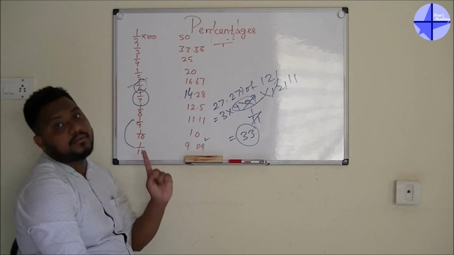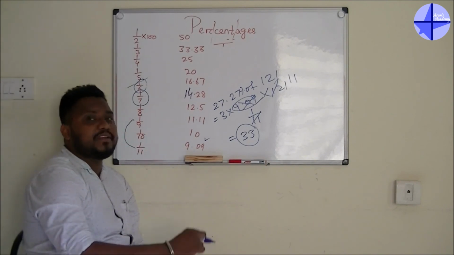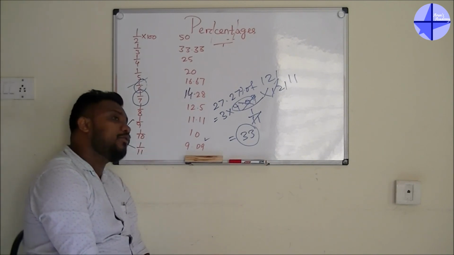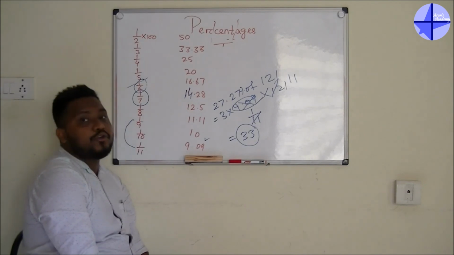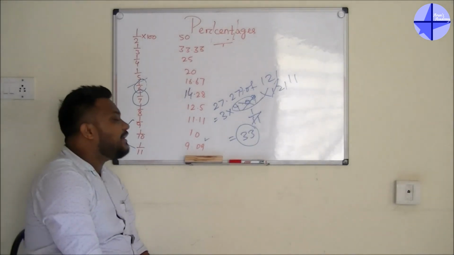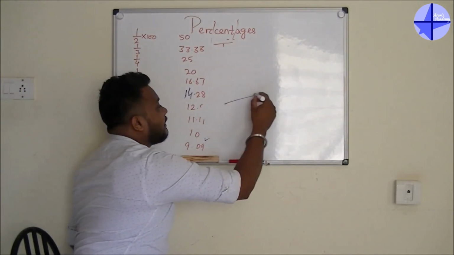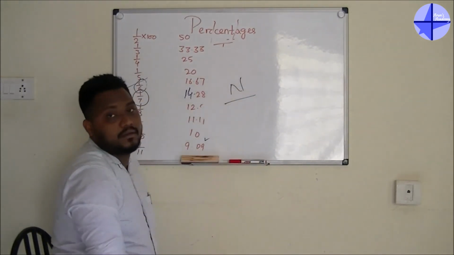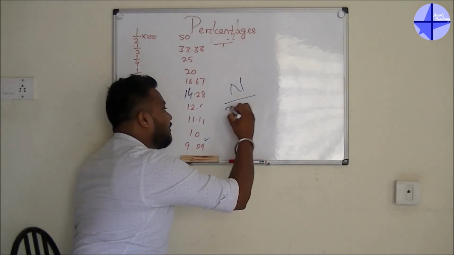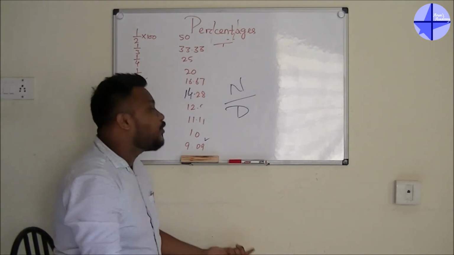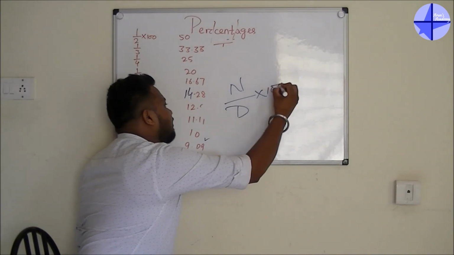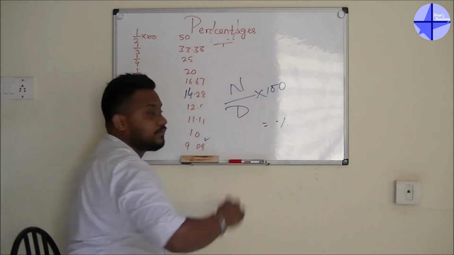The calculation of percentages, whatever they give, you have to use the method of percentages to find the value. Let me tell you the traditional one. Always remember one thing, whatever you are calculating, that will be in your numerator. With whom you are calculating, that will be in your denominator, and of course you have to multiply by 100 because it is percentages.